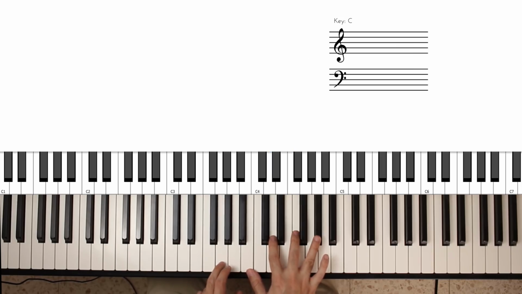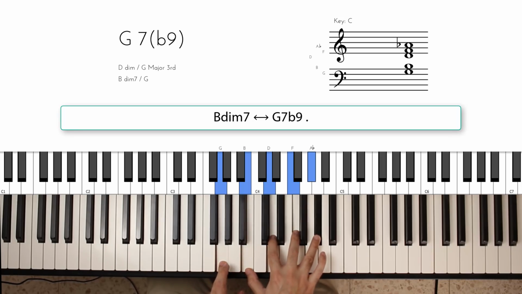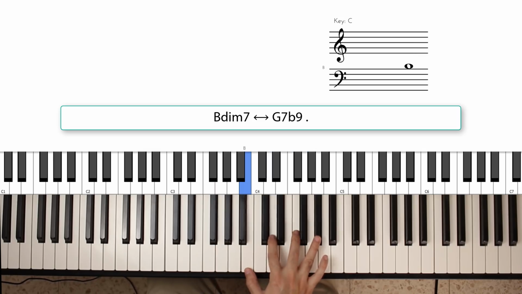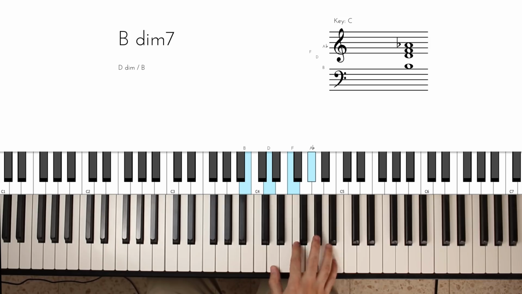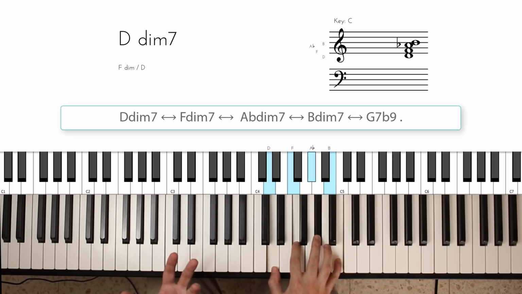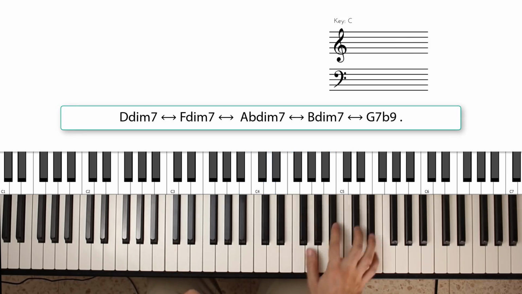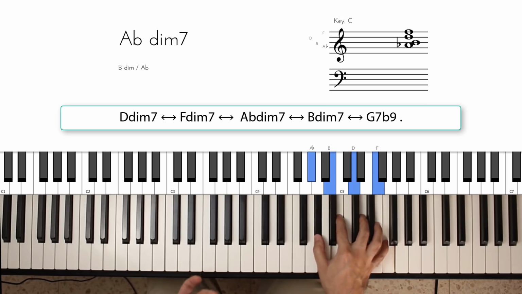This means that anytime you see a G dominant 7 flat 9, you can play a B diminished 7th chord. Now remember that the B diminished 7th chord is just like a D diminished 7th chord, just like an F diminished 7th chord, and just like an A flat diminished 7th chord.